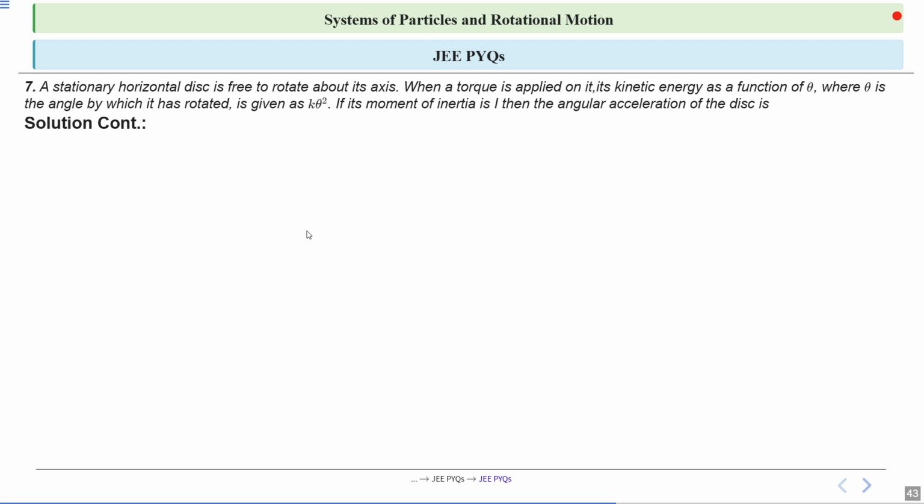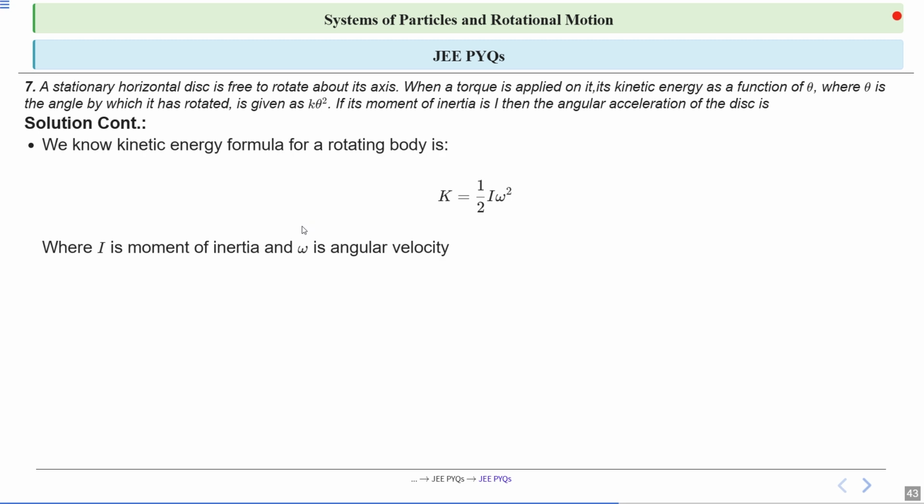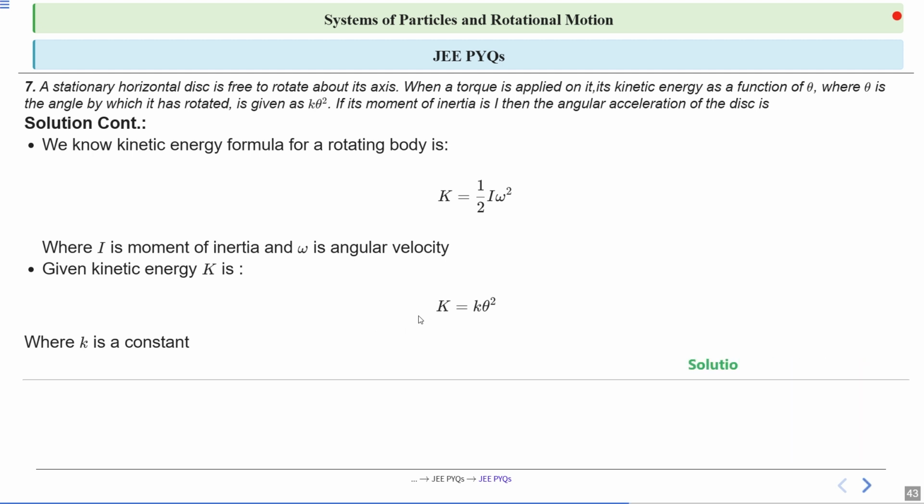So we know the kinetic energy formula for a rotating body is half I omega square, where I is the moment of inertia and omega is angular velocity. Given kinetic energy is k theta square, where k is a constant.